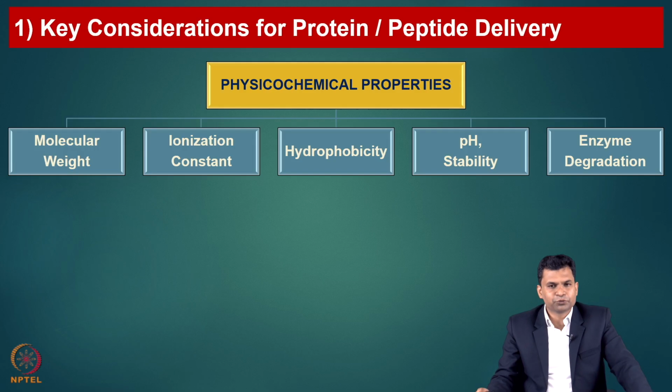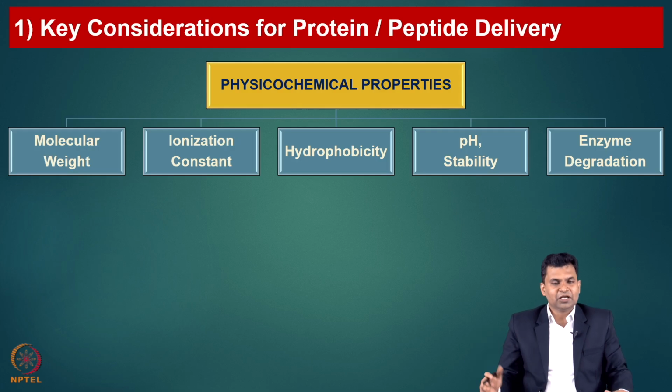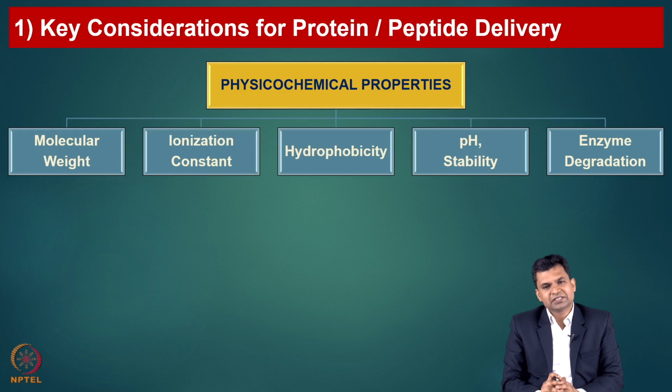When it comes to proteins and peptides, whenever you want to make any formulation, you must understand the nature of the molecule. Similar to drugs and other molecules, these may be biological molecules, so here also we need to understand the physicochemical properties of the proteins.